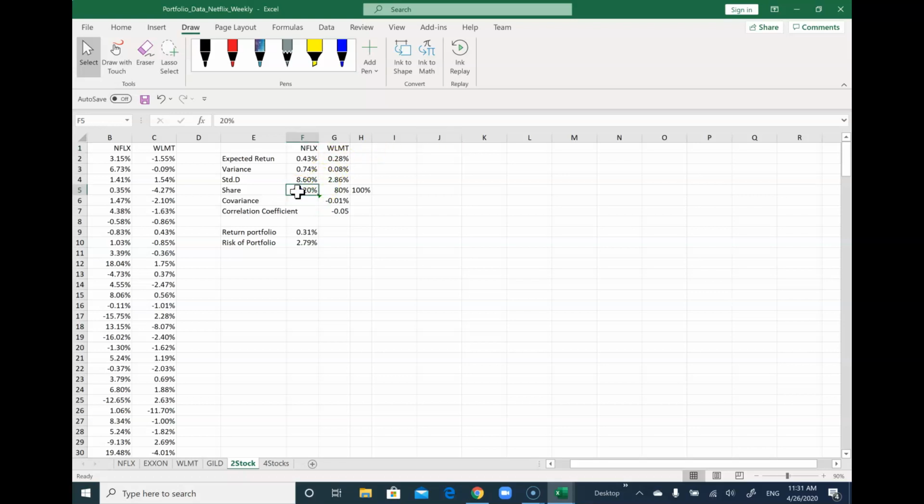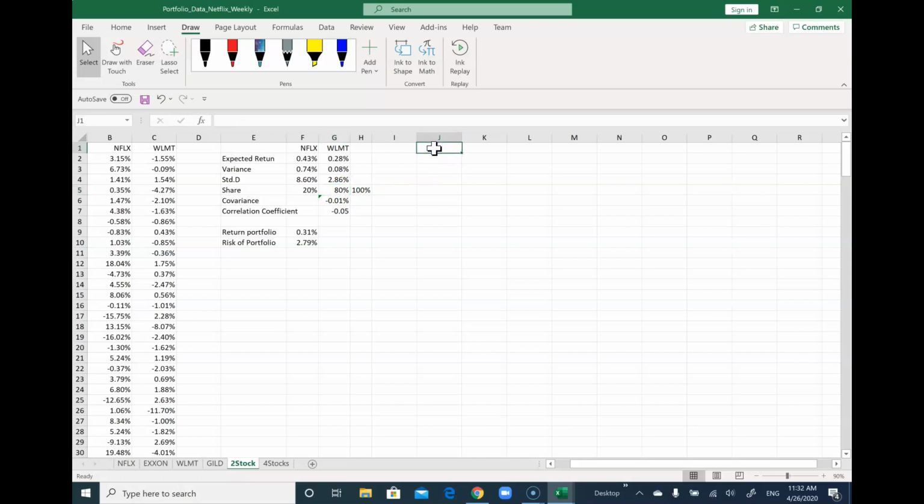So for that, I changed the share of each asset here, so that the sum of the weights in the portfolio is equal to 1. So here, Netflix weight, so 20% of the money is invested in Netflix, and the weight of Walmart is 1 minus that, so that the sum of the weight is always equal to 1.